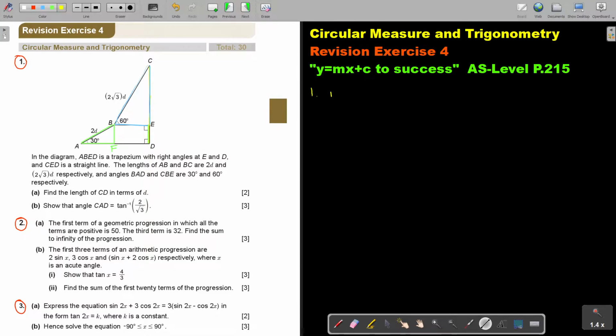But let's start. Number 1A. To find CD, it will be CE plus ED. So let's start in triangle BCE. Now, this is my special triangle.